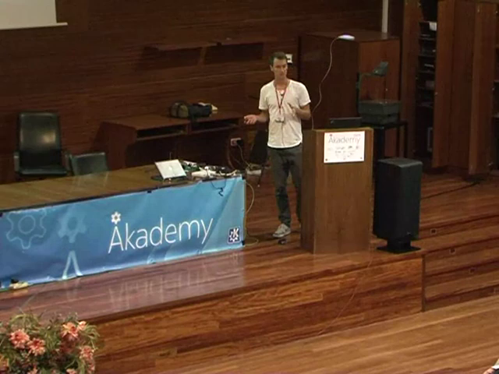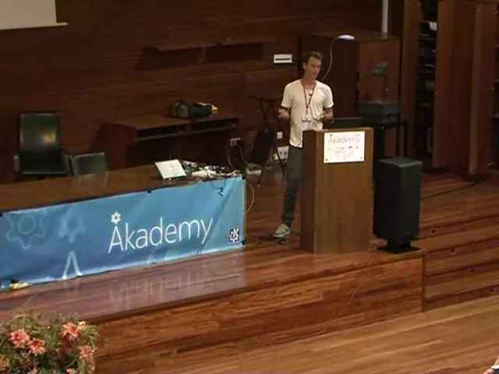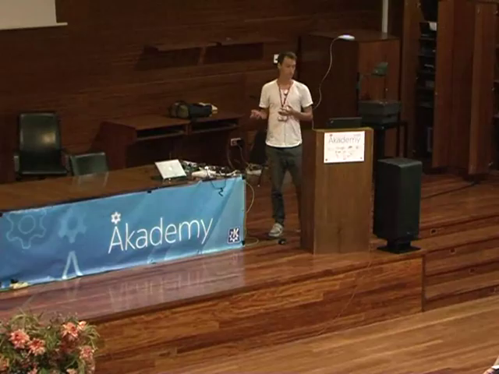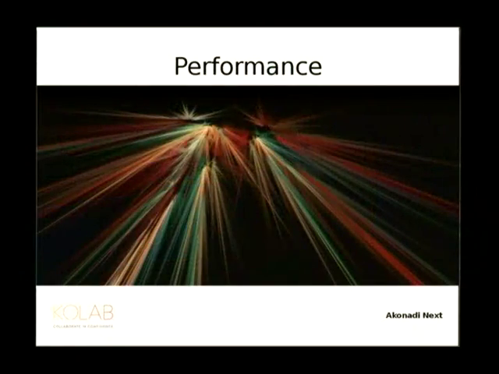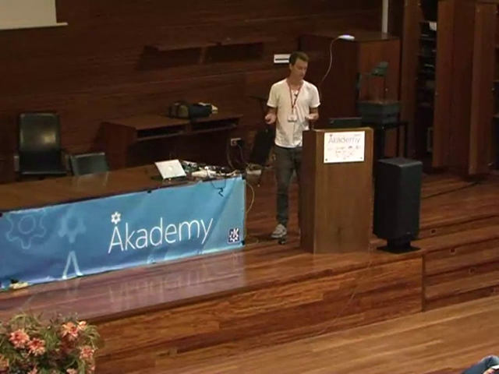So let's look at some of the challenges that we have in current Akonadi and how Akonadi Next tries to attack them. As said, the performance problems we have in Akonadi are mostly that we have to do more work than we should have to. It's not that the loading of the data is slow, it's very efficient, but if you have to load so much data, that just takes time.